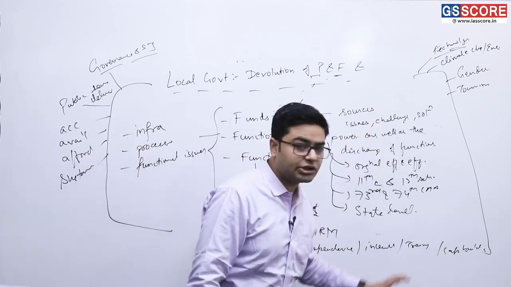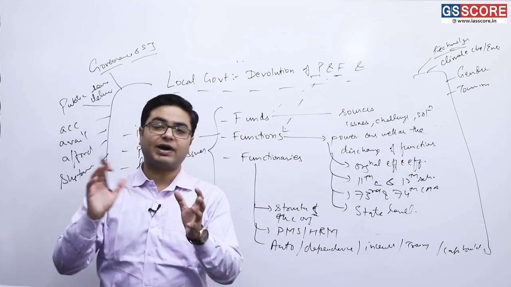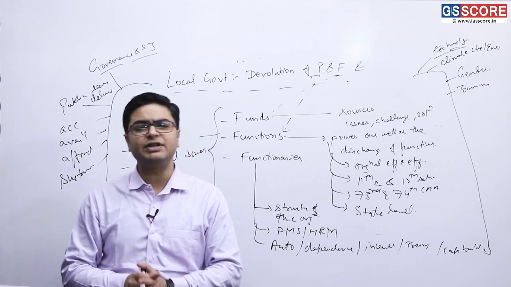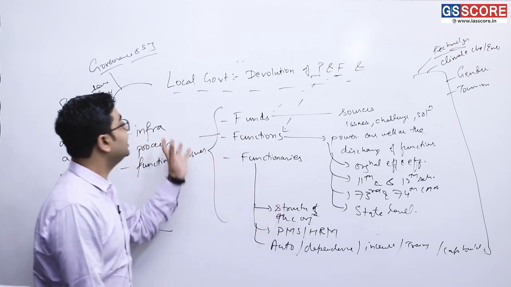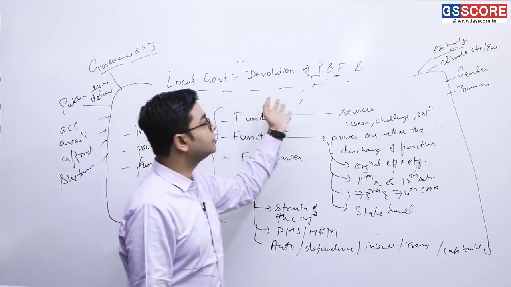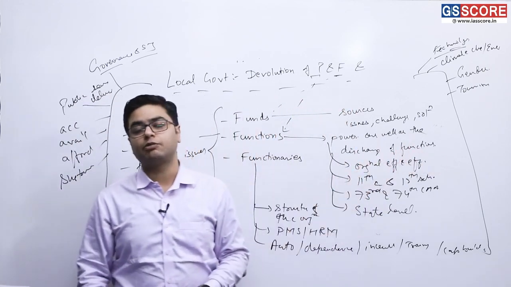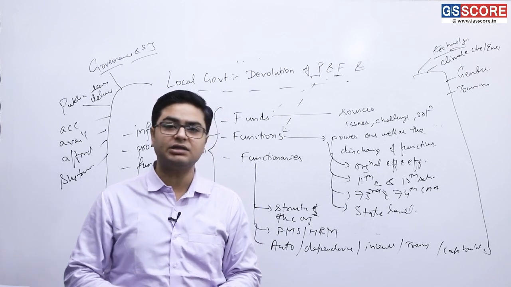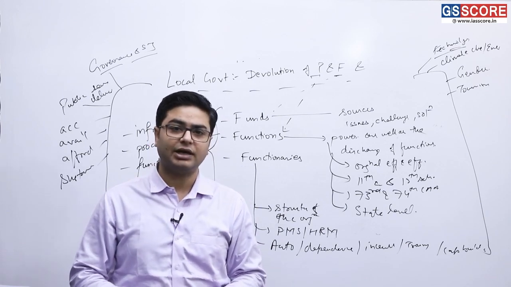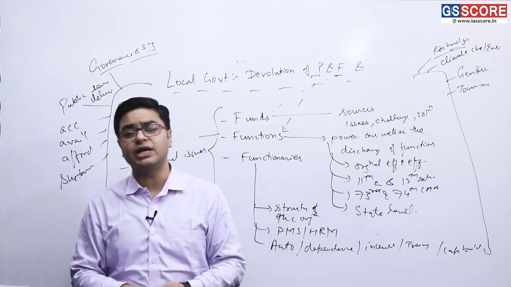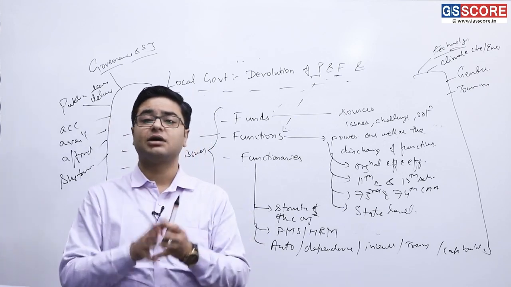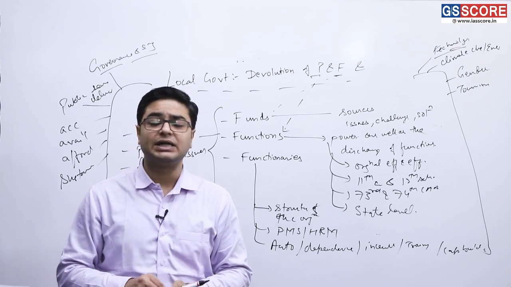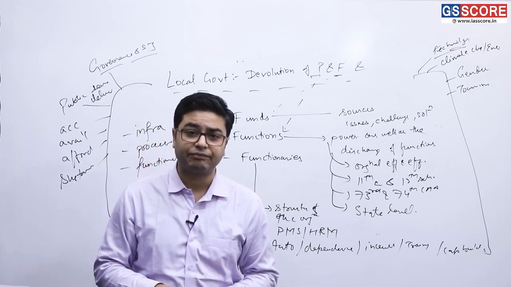So all those issues form the gamut of our interest when we study governance and social justice vis-a-vis the theme of devolution of powers and finances up to local levels and challenges therein. Every alternate year you see at least a question, either a 10 marker or a 15 marker, being asked from this section, and hence this is important.